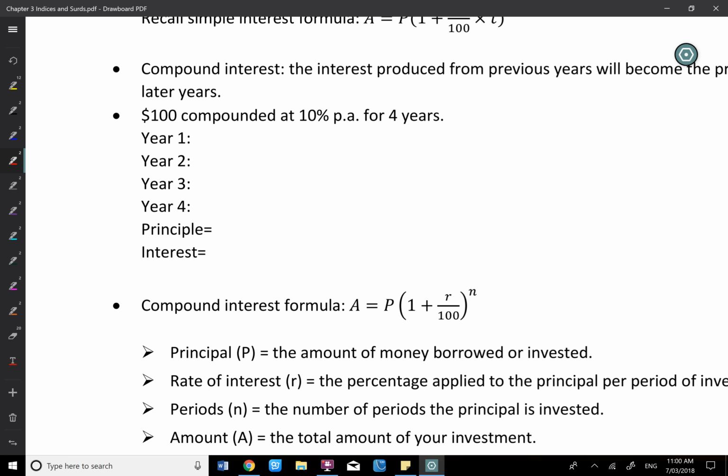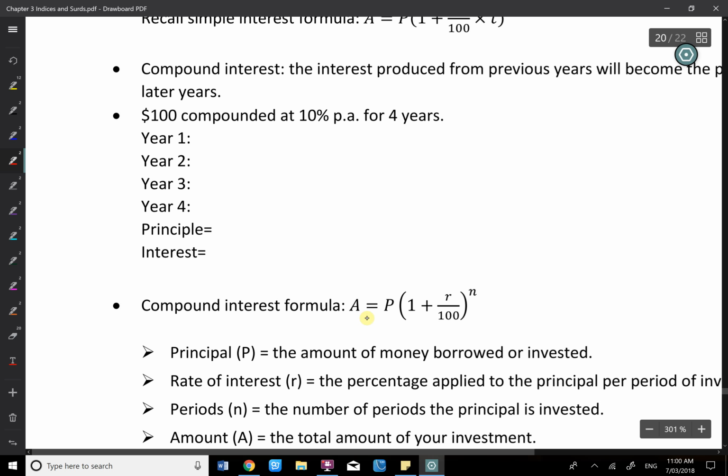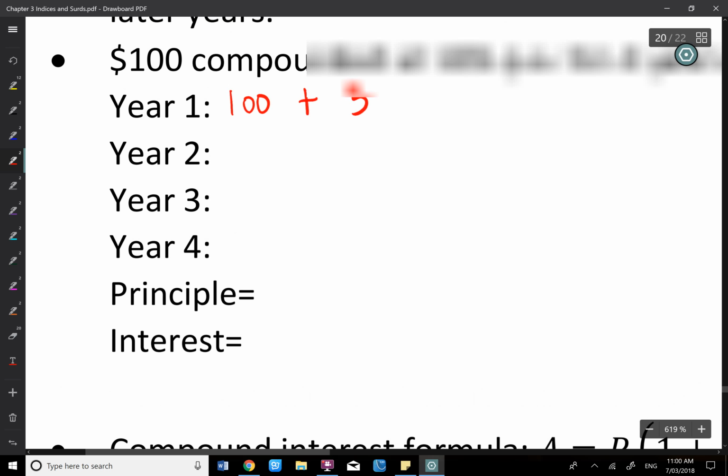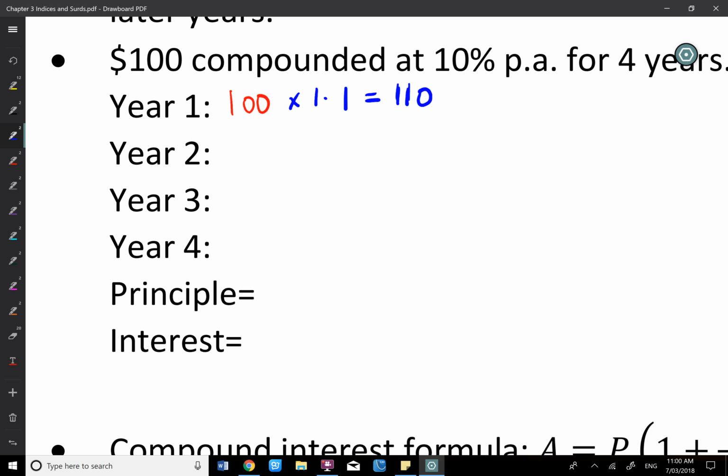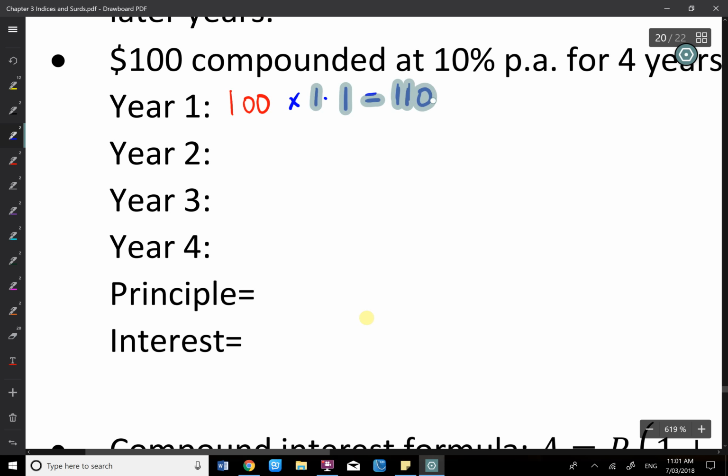At the end of the first year, we have 100 plus 10%. So what I will do is actually 100 times 1.1, because 10% is 100 times 1 plus 10%.